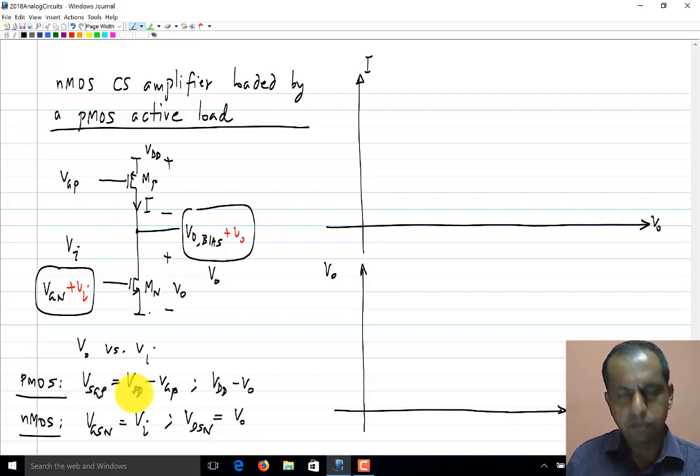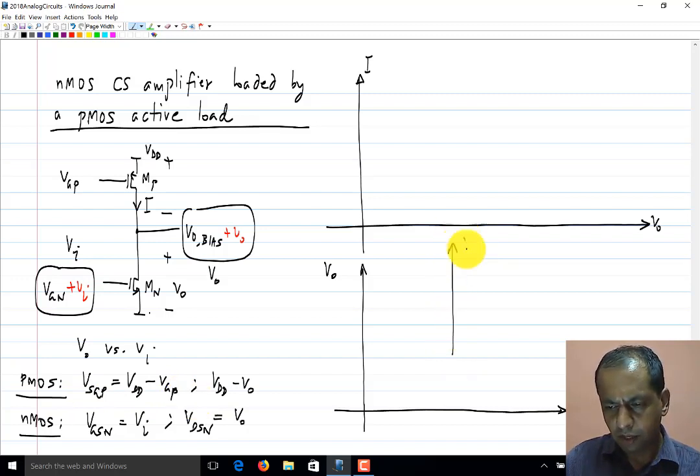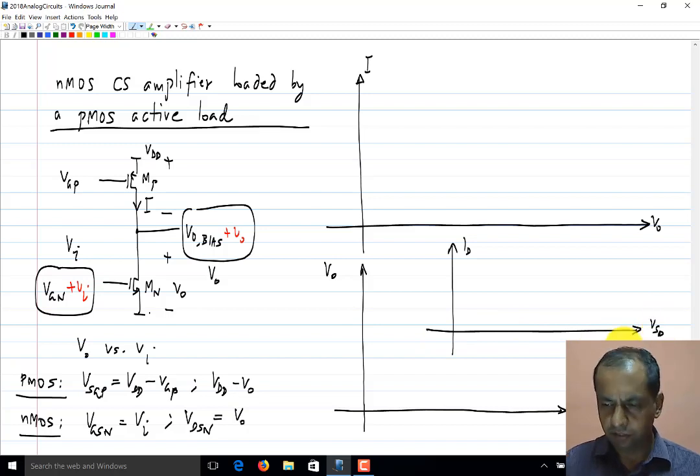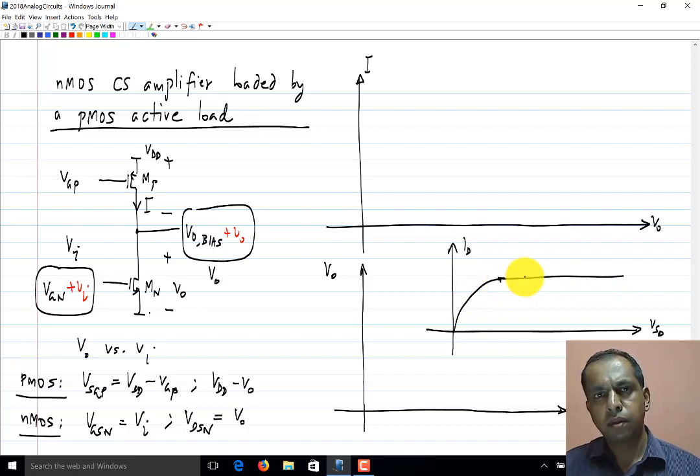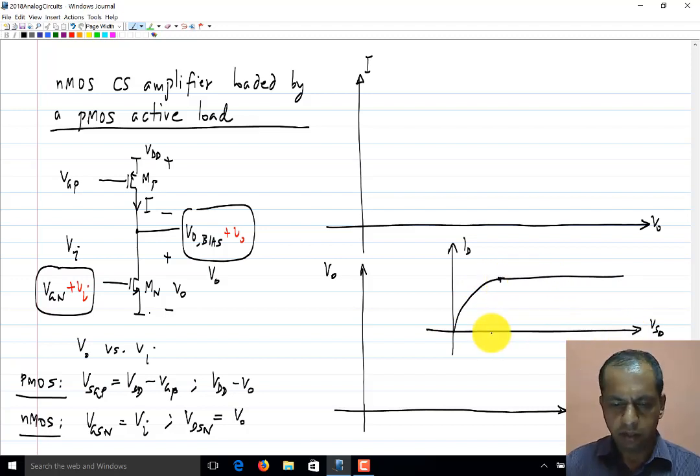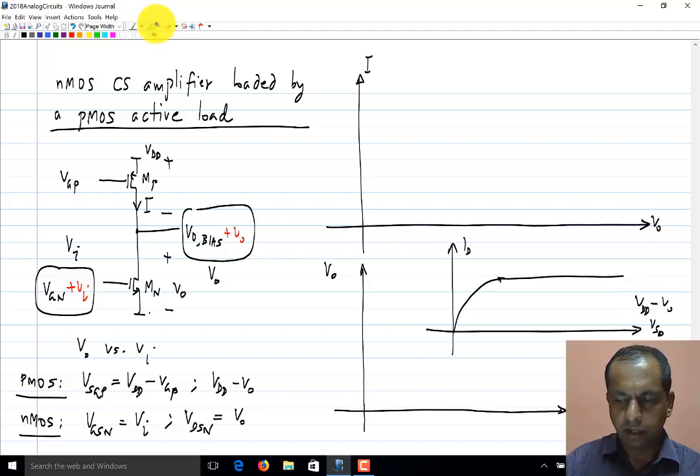Now first, the PMOS transistor has a fixed source gate voltage, so it has a fixed ID versus VSD characteristic. It's like this. Now we know that the VSD, source drain voltage of the PMOS transistor, is nothing but VDD minus VO. So the same characteristic on the I versus VO plane will be exactly the same thing but reflected about VDD.